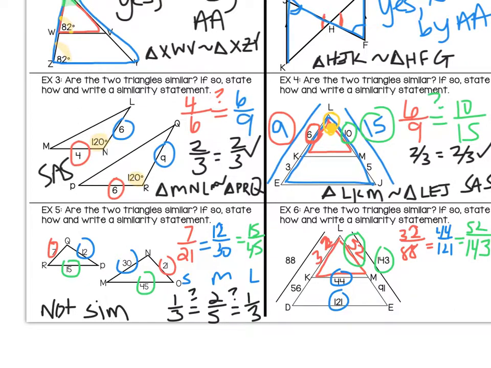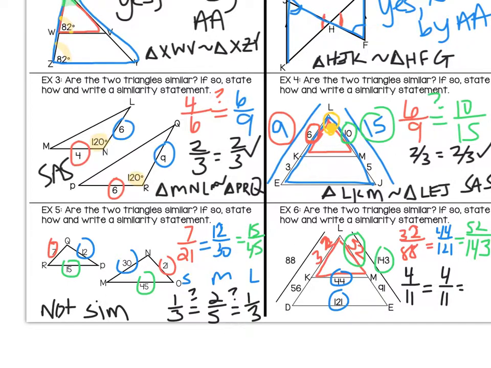The first one, my biggest factor that goes into both is 8. So 32 divided by 8 is 4. 88 divided by 8 is 11. And then I start kind of using that. Let's see, 44 is divisible by 11. 121 is divisible by 11. So that reduces to 4 over 11.